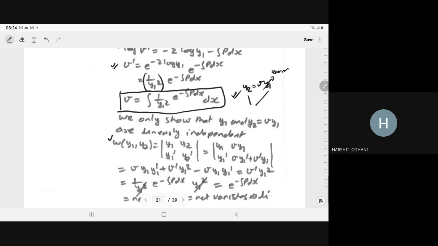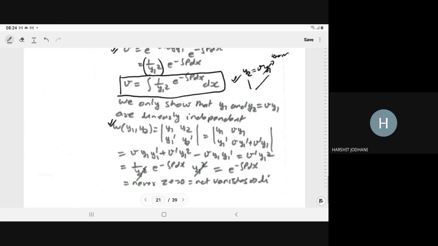We compute the W, the Wronskian of y1 and y2. y2 is what? v of y1. So what is the Wronskian? y1, y2, y1 dash, y2 dash, and y2 is v of y1, and y2 dash we have already computed: v y1 dash plus v dash y1.